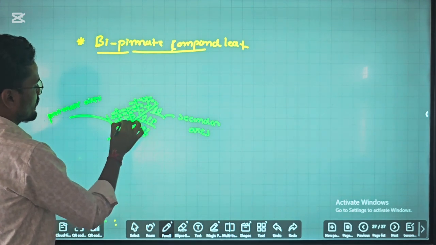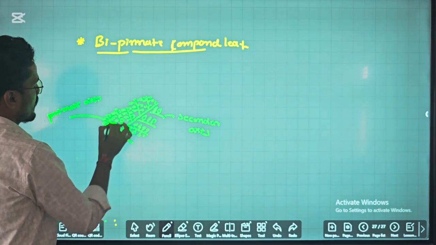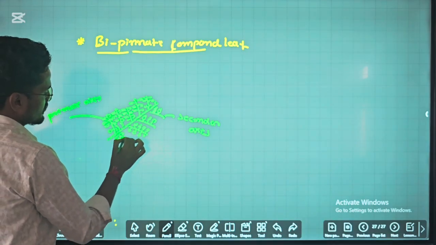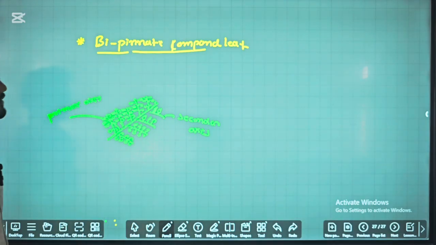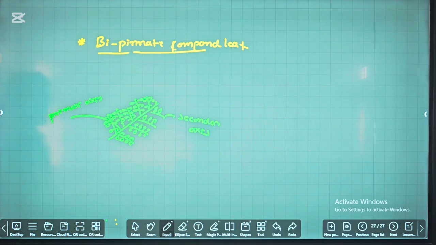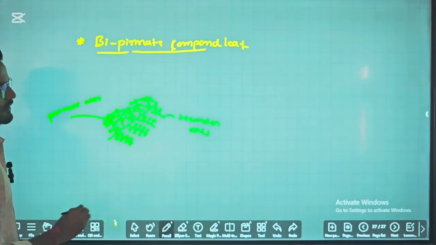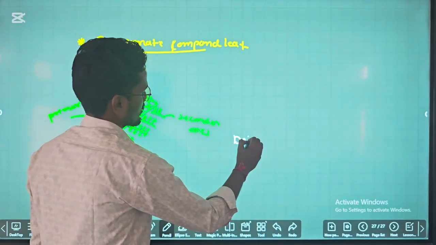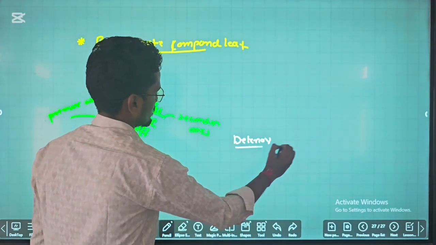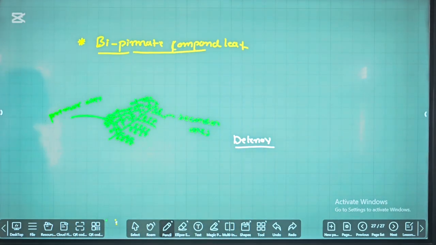So this type of leaves are called bipinnate compound leaf. For example, Delonix is a plant. It is an example for that.